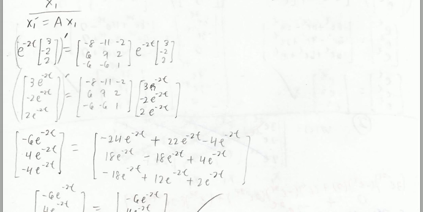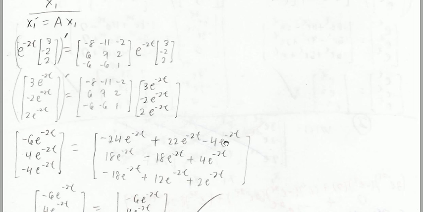So negative 8 times 3e to the negative 2t is negative 24e to the negative 2t, plus negative 11 times negative 2e to the negative 2t, which becomes 22e to the negative 2t. Lastly, for the last entries, negative 2 times 2e to the negative 2t becomes negative 4e to the negative 2t.